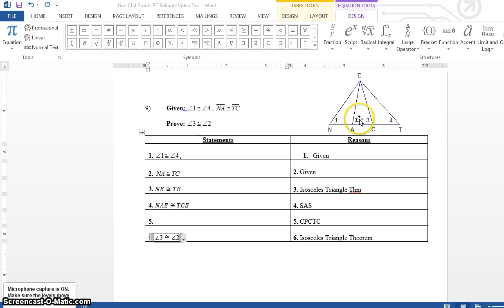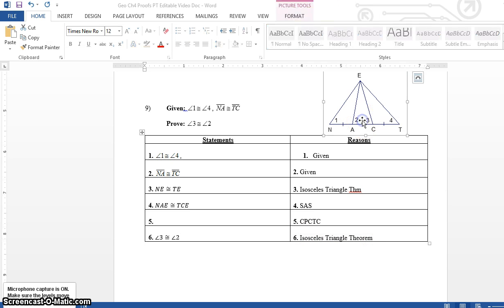How can I do this? Well, if these are congruent, oh, I have another isosceles triangle. That's why they said isosceles triangle theorem. So if I have another isosceles triangle here, that must mean this side is congruent to this side.